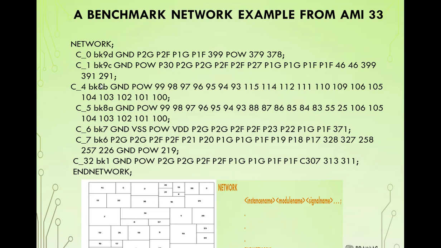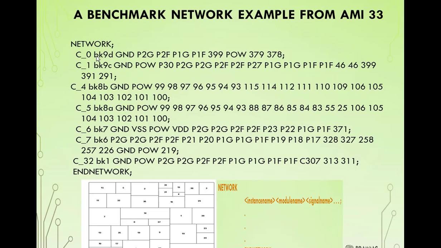You can compare these signal names here. After writing the network, the instance name for this module is C underscore 0. The module name is BK9D, and then we define the various signals for it, like GND, P2G, P2F, P1G, P1F, 399 and so on. These are the signal names that show how the various signals are connected to each other.